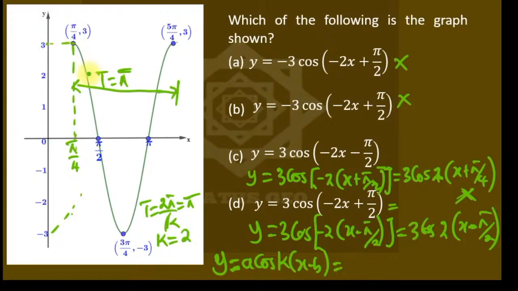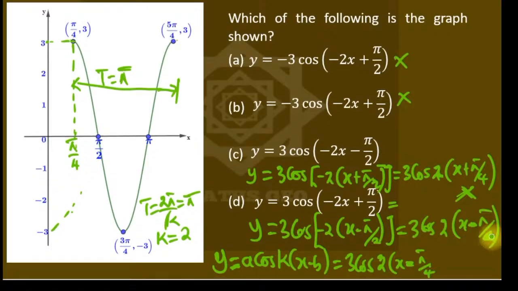So I have 3 cos 2 bracket x minus, and our b, remember, from here b is pi over 4. Okay, if you factor it, pi over 4. So our answer is option D, which is correct. So that's our answer.